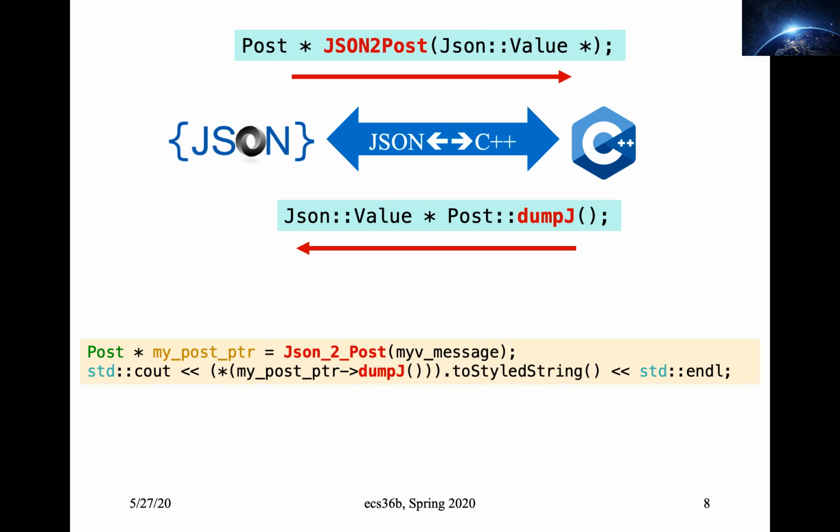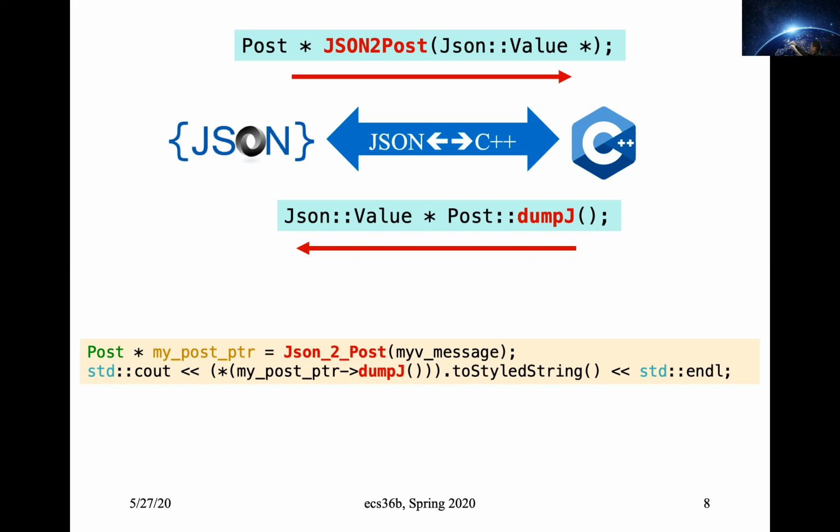So essentially, you take this function. This line takes the MD message, and I wrote it down here as JSON to post. But actually, this was an older version.